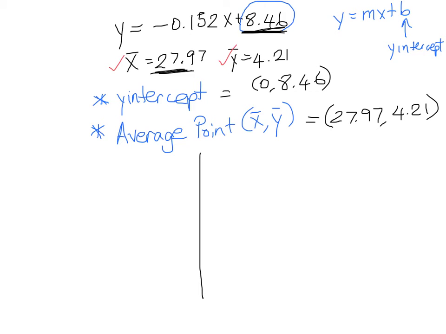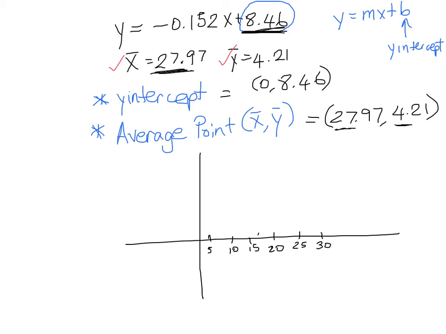So now we can actually sketch the line because we have our two points. On the x-axis, we have to go up to at least 27.97. I'll count with 5s: 5, 10, 15, and this is just a sketch, by no means perfect at all. 20, 25, 30.